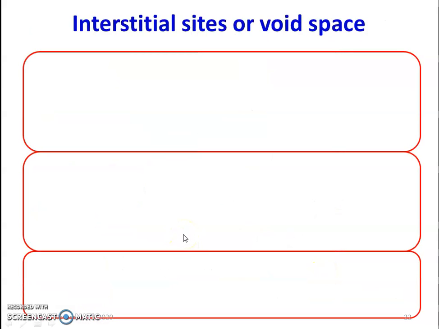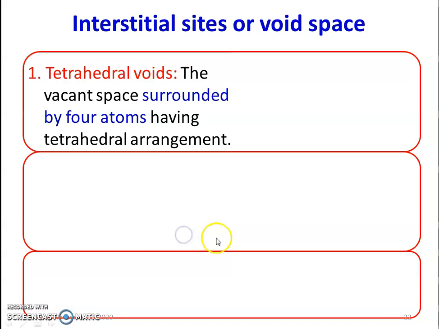Now the next point is about the meaning of interstitial site or void space. There are 2 types of void spaces: tetrahedral void and octahedral void. Now, what is a tetrahedral void?